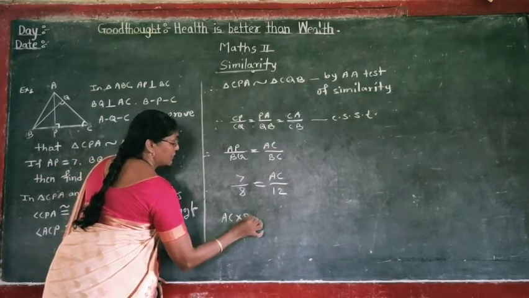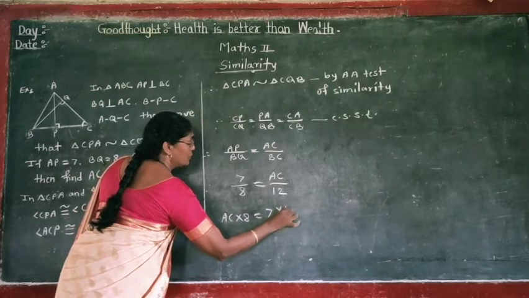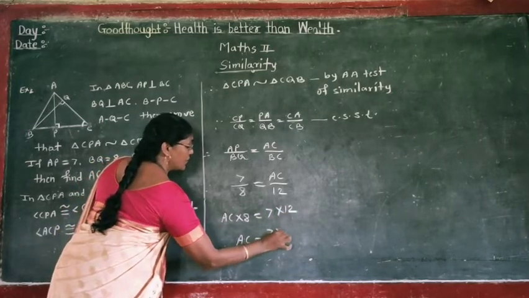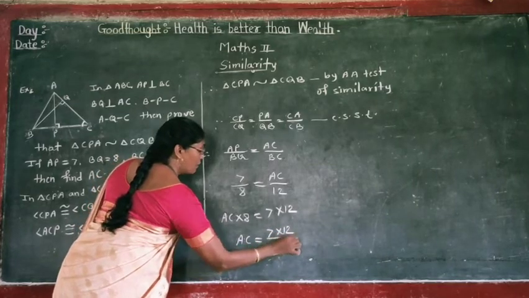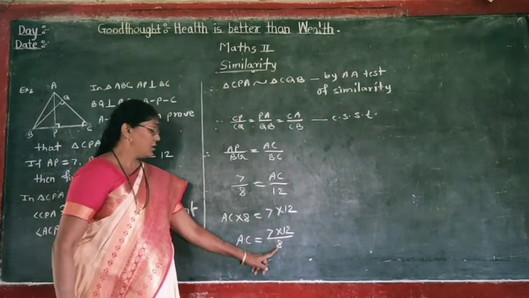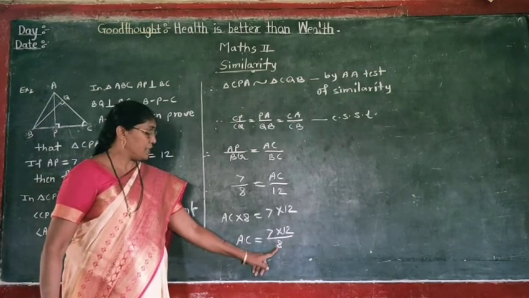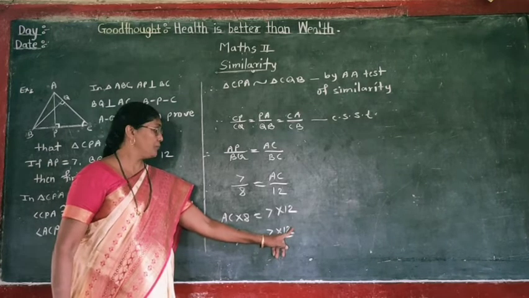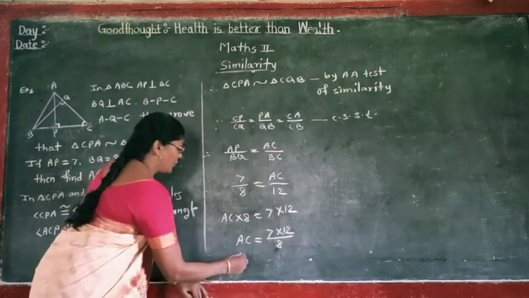Now take cross product. AC into 8 is equal to 7 into 12. AC is equal to 7 into 12 upon 8. 4 1s are 4, 4 2s are 8, 4 3s are 12. 3 into 7, 21.